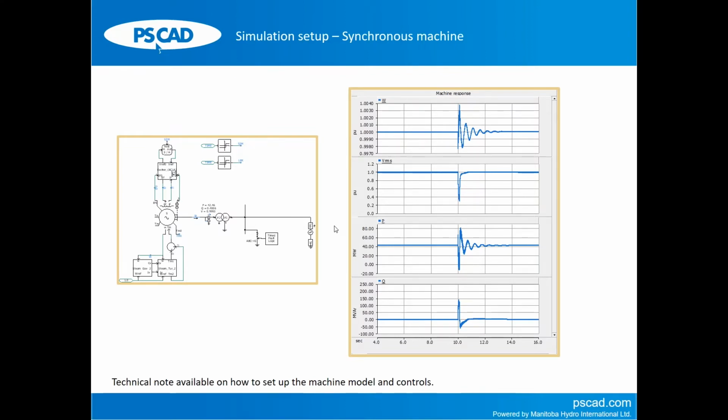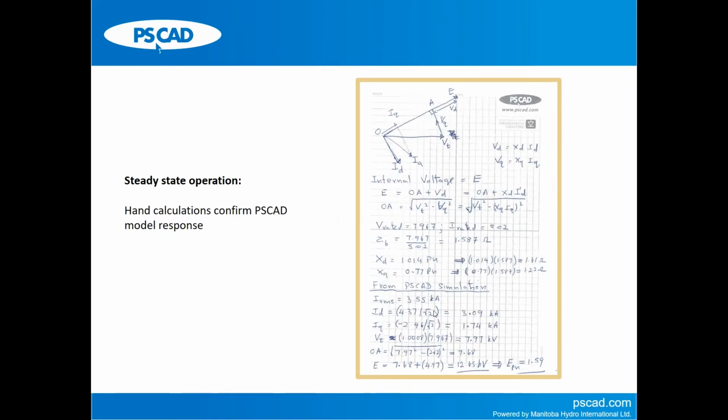So sometimes we have to show it. We can't just say, hey, go figure it out, our machine is accurate. We have to prove that. So we have Excel sheets and hand calculations to show that in fact, if you enter the data, SCAT will give you the correct steady state response.